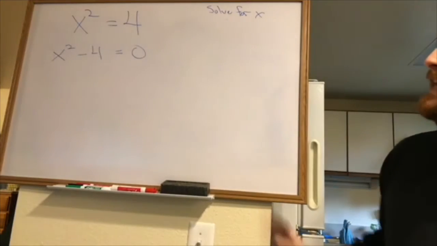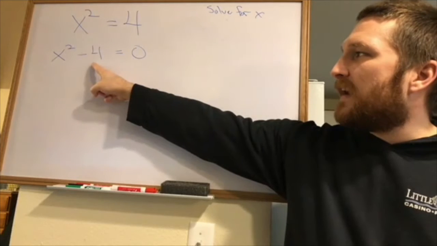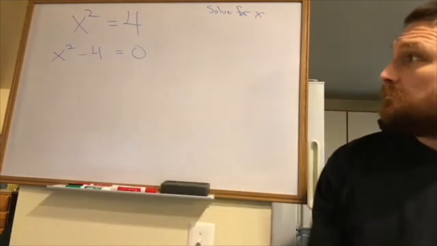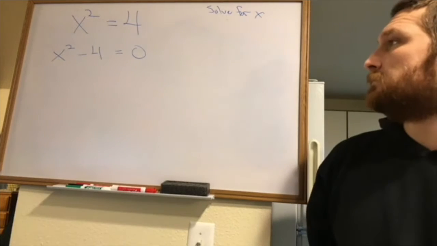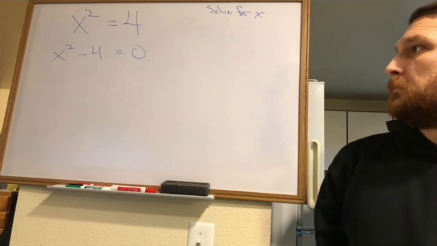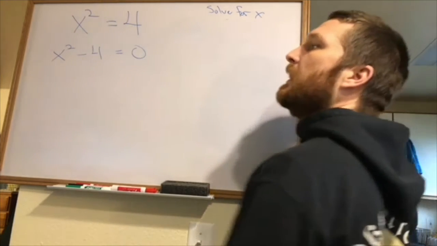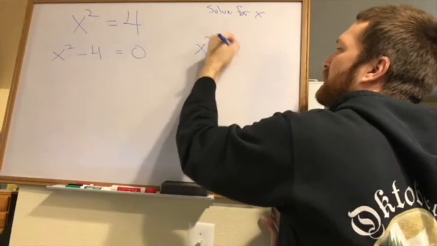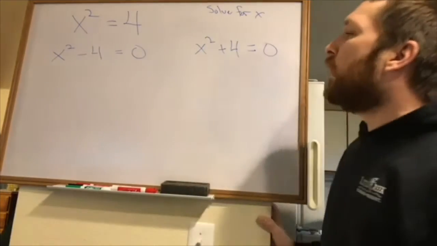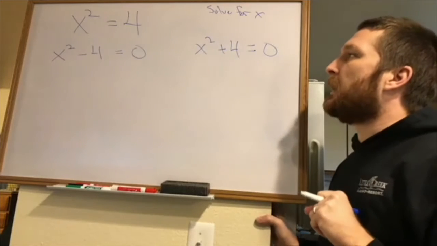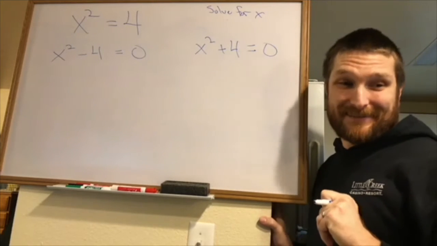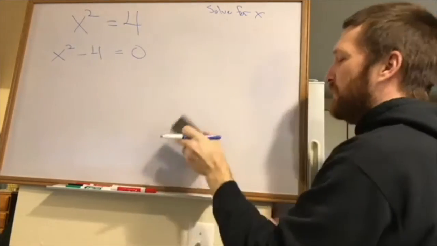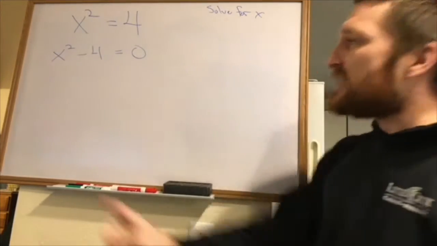And now, can we factor that? No. Why not? Wait. Yes, sorry, we can. If it was plus, then we couldn't factor, right? If it was x squared plus 4 equals 0, we would be in bad shape. Although you can factor it, we're not going to get into that. That's a topic for something else. This we could totally factor.